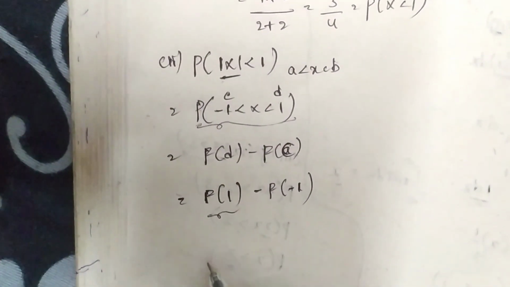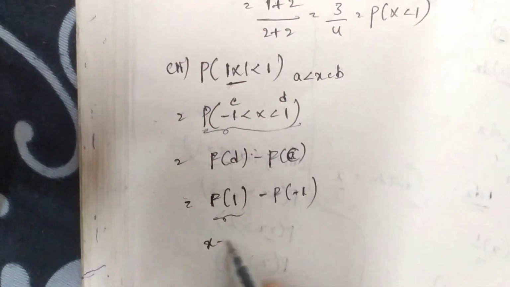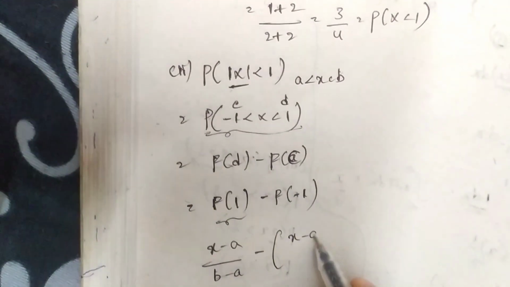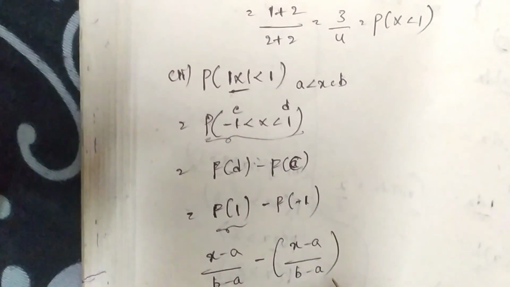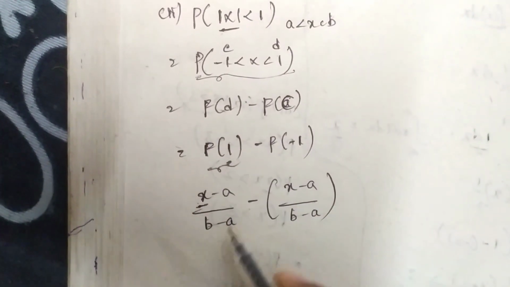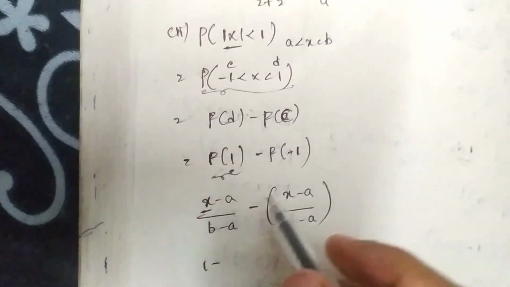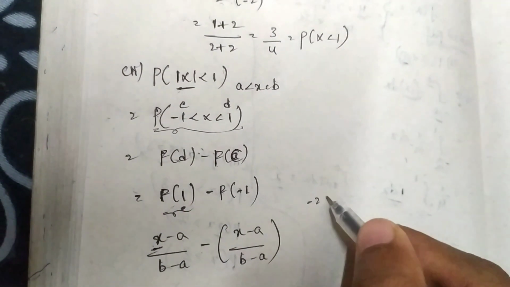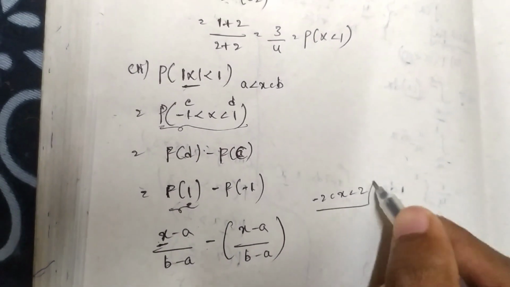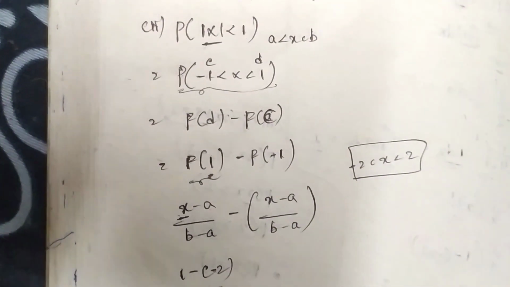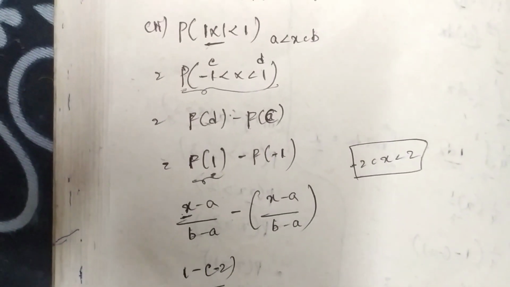We know the formula is x minus a by b minus a, and the same here. In the place of x we substitute the value 1, and these a, b values are taken from the condition, minus 2 less than x less than 2, which is given in the function. So a we take as minus 2 and b as plus 2.